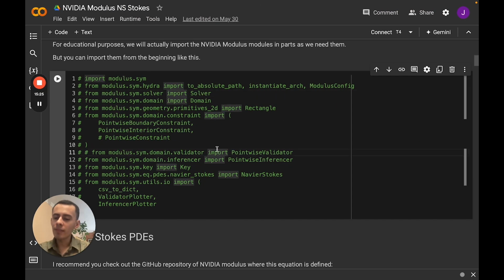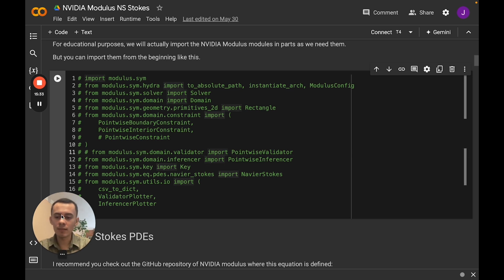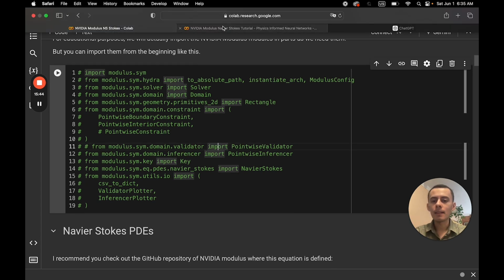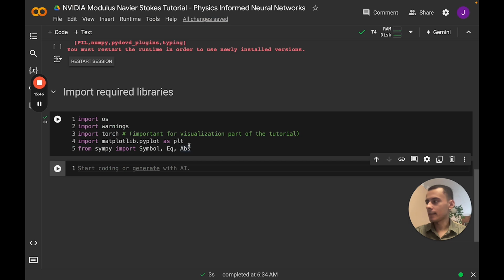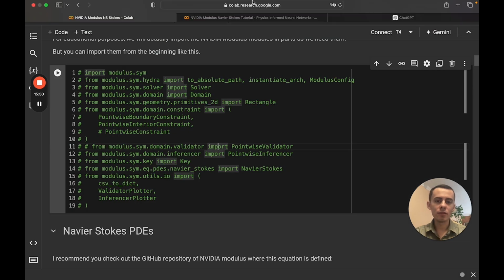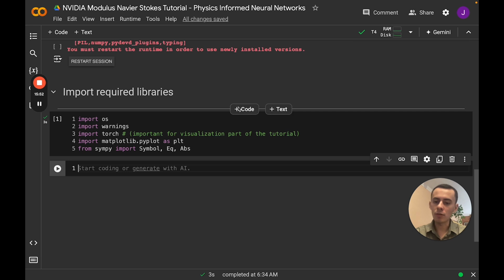Now this is a lot of stuff to import, and I figure we're going to import it by parts. You can import it all if you want. You are going to have access to this notebook as well. But I'm going to avoid that because I want to explain every part of the library, right? So for example, the first thing we need, if you want, you can copy and paste this in your notebook. Again, you're going to have access to it.